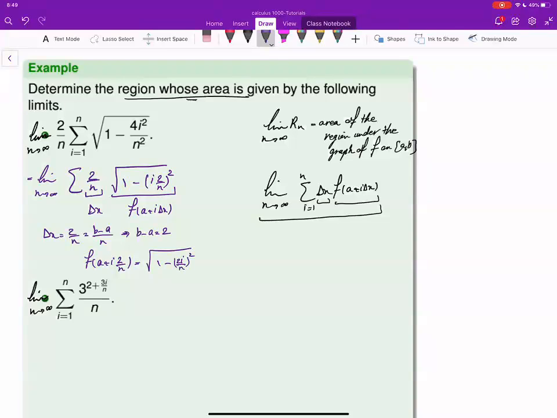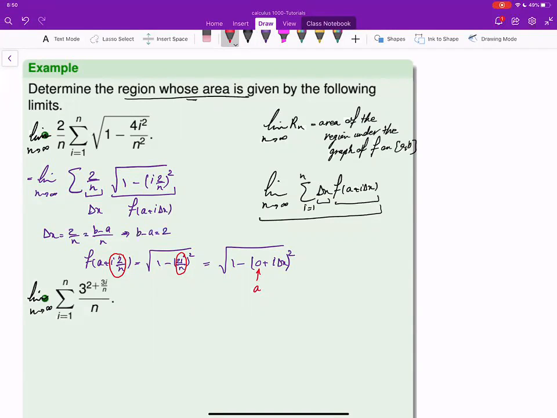Right away, you have to see this pattern of i times 2 over n, and you see that there is nothing added there. In other words, this is the root of 1 minus (0 plus i times 2 over n) squared, where 2 over n is delta x. And by just seeing that pattern, you see that a must be 0.